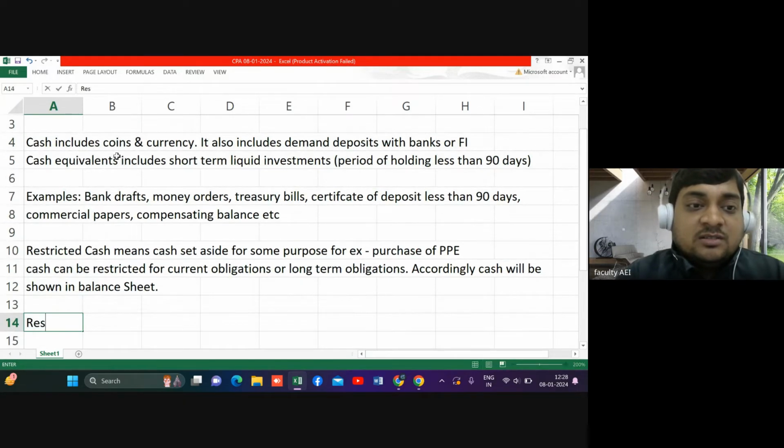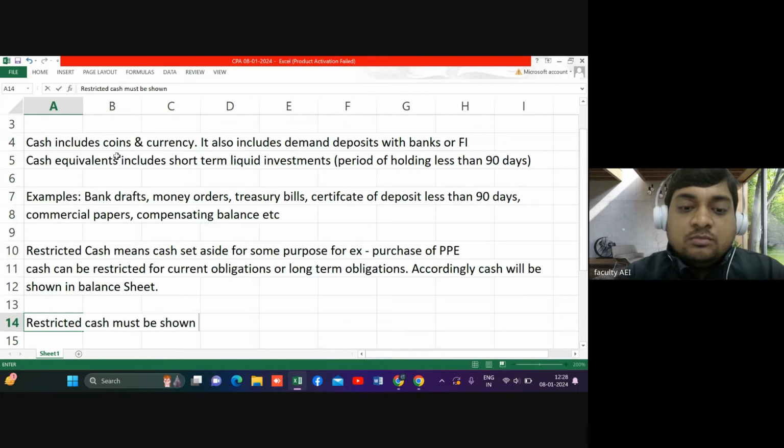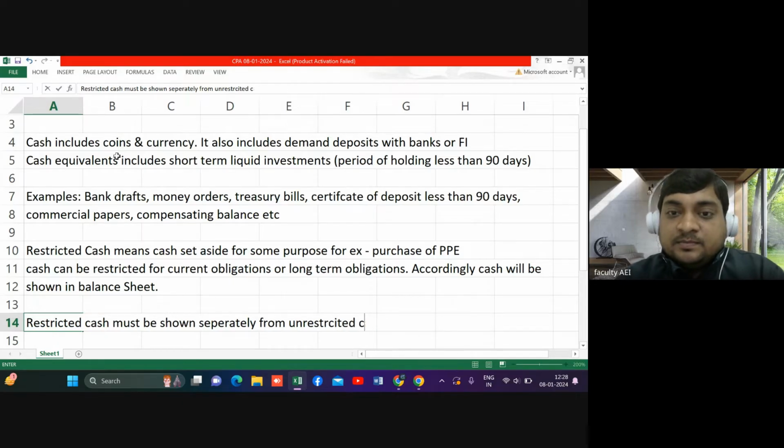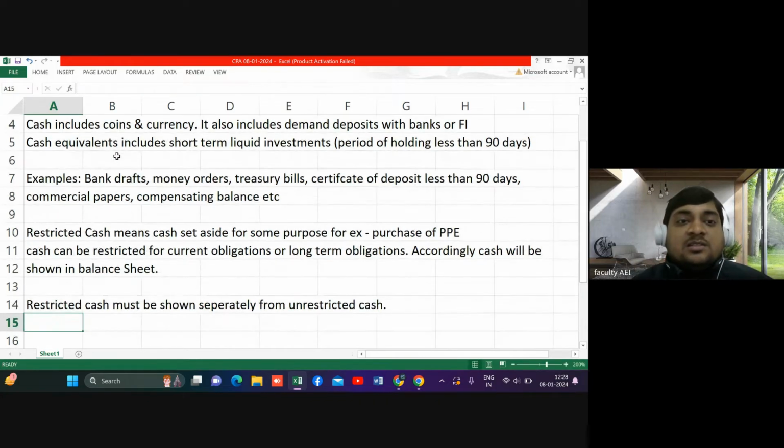But anyway, restricted cash must be shown separately from unrestricted cash. So anyway, we need to show it separately.